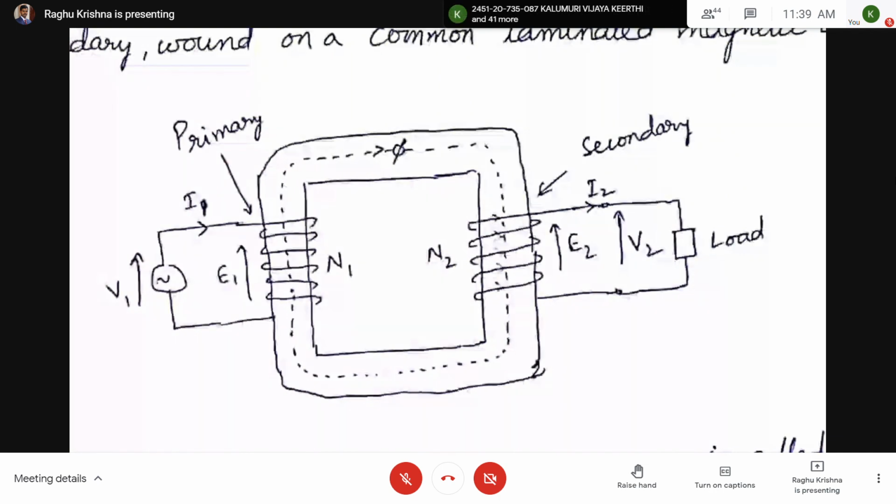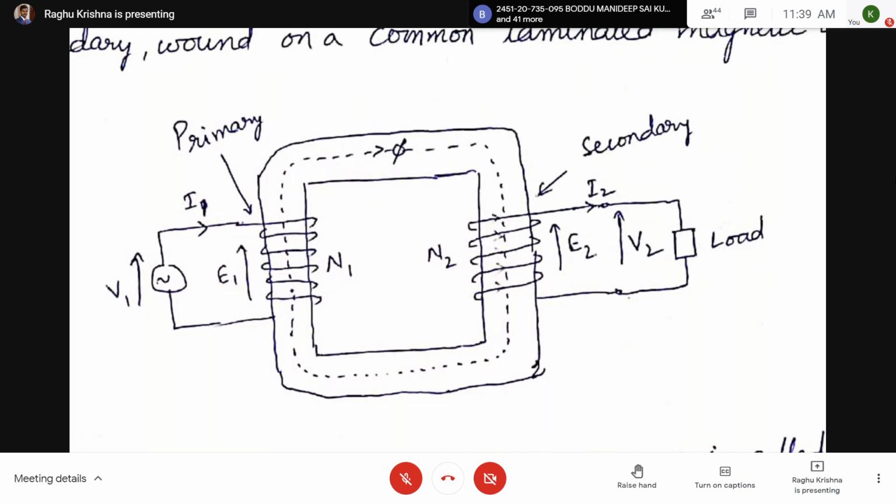Capital E2 is the RMS value of the induced EMF in the secondary winding. When this winding is connected to the load, current I2 will be flowing and V2 is the terminal voltage.